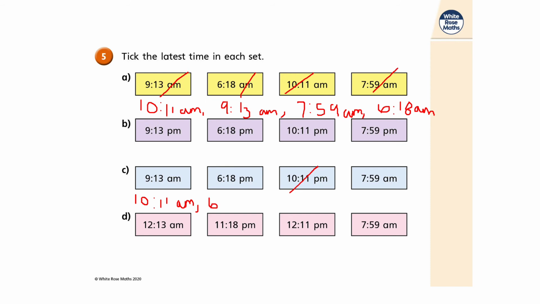So that would be 6:18 PM, and I've made a mistake, haven't I? That should be a PM. And then I've got AMs, haven't I? So now I've got to decide which is the latest, 9:13 or 7:59. Yeah, we've got 9:13. And then I've got my 7:59. Okay, so that's what you need to do when you come to that one.